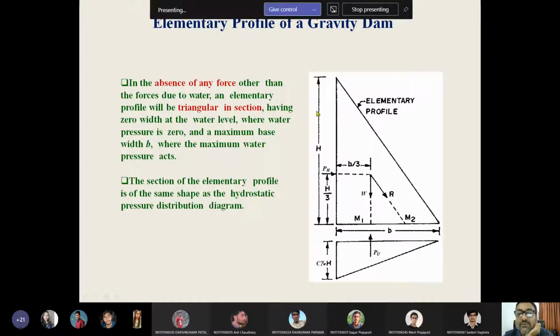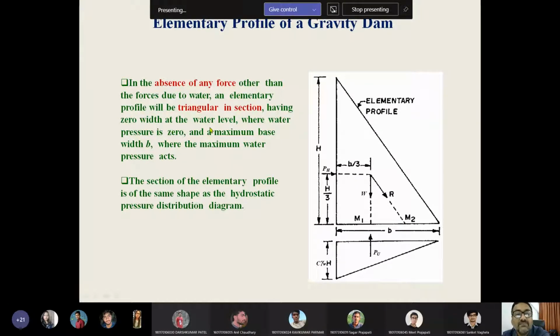This is the elementary profile. What is written here? In the absence of any force other than the force due to water, an elementary profile will be triangular in section.